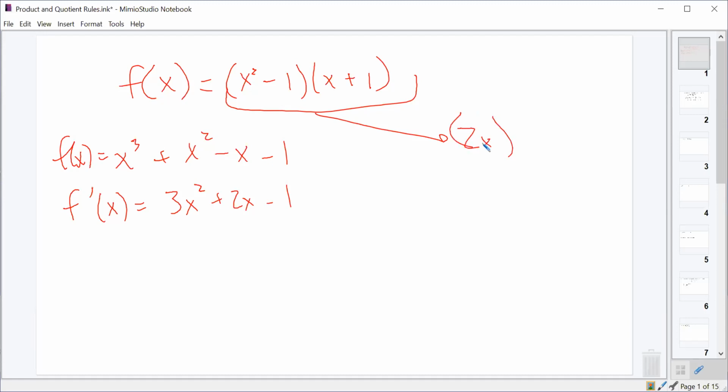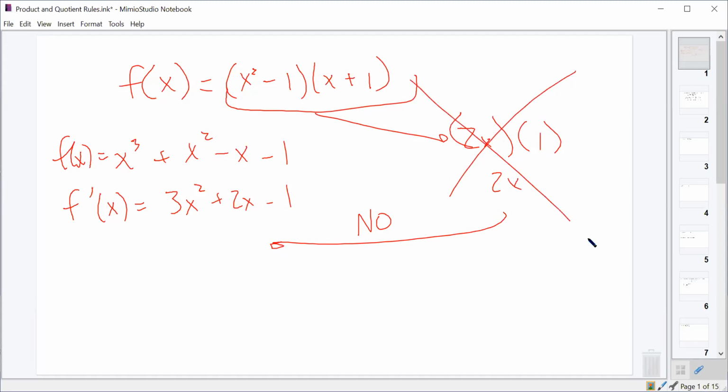And what's the derivative of x plus 1? 1. Is 2x times 1 the same as this? No, this is very bad. We cannot do this, right? This does not work. We have to have this other rule.